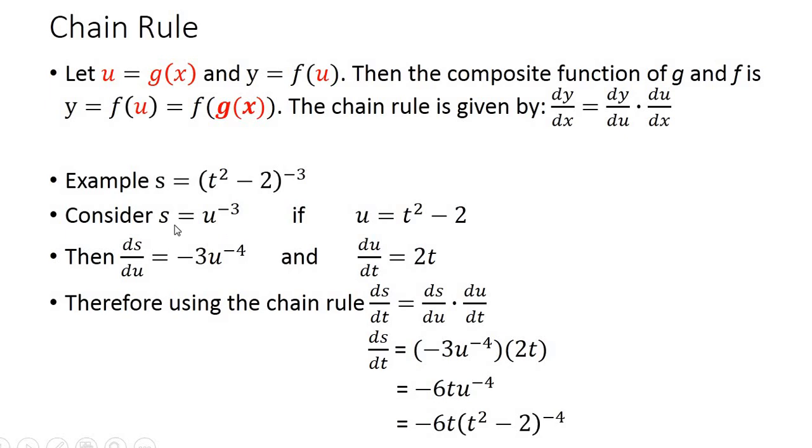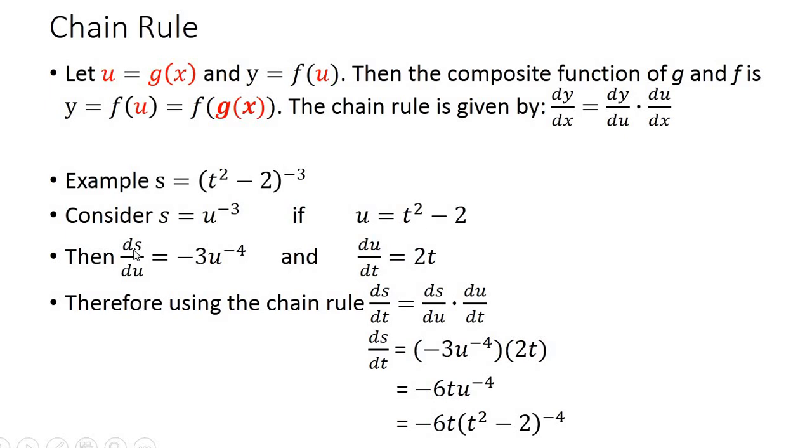So you can substitute and say, let everything inside the bracket be your u. So this will be s is equal to u to the power minus 3, and your u is the polynomial t squared minus 2.